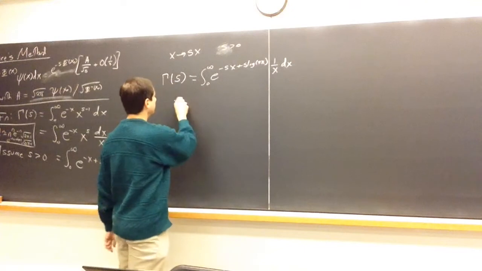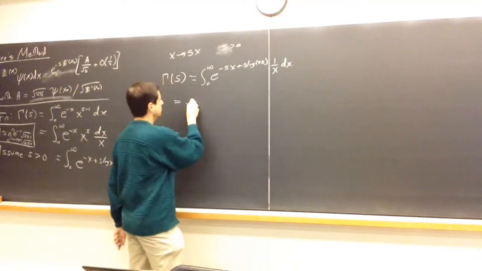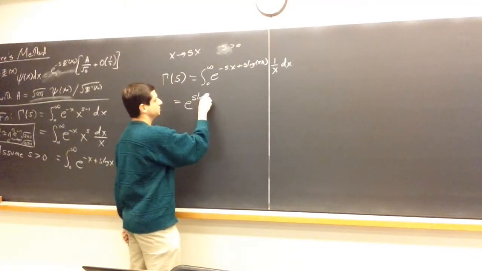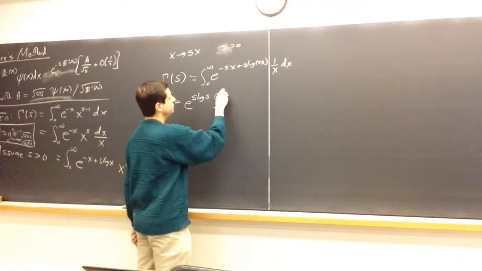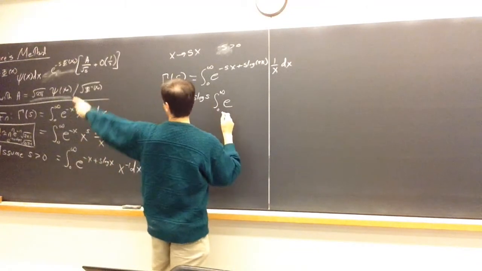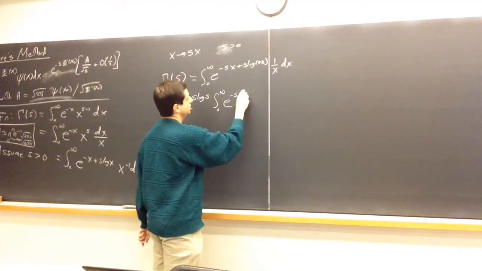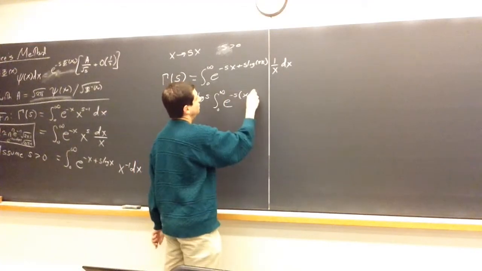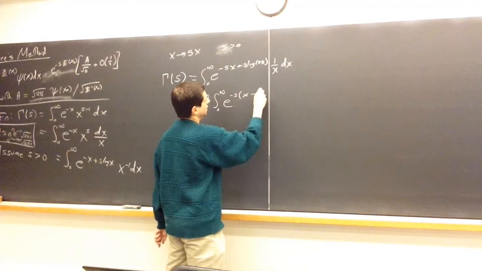All right, so we can pull out the s log s. So we have e to the s log s, integral from 0 to infinity. E, now we want to have a minus, so we pull out a minus s, and we have an x minus log x.